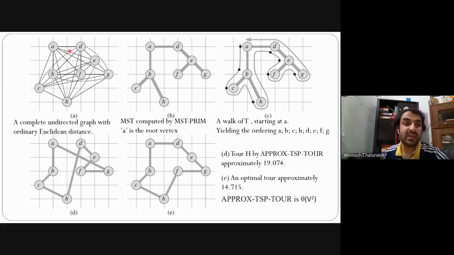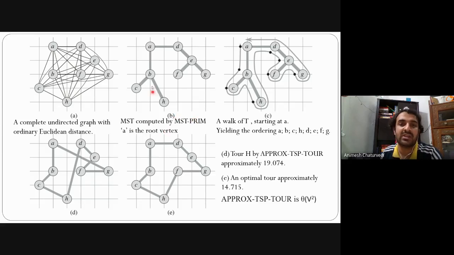And this grid will represent the distance, and H and A are very far away from each other. The distance is according to the grid, Euclidean distance, we'll say. So you can find the minimum spanning tree with Prim's algorithm.